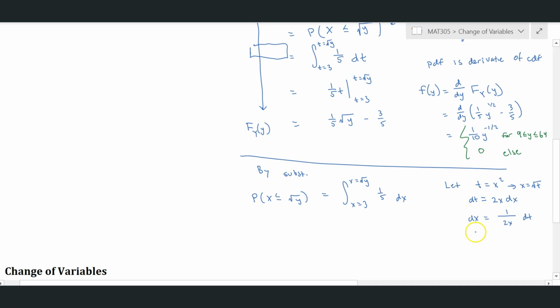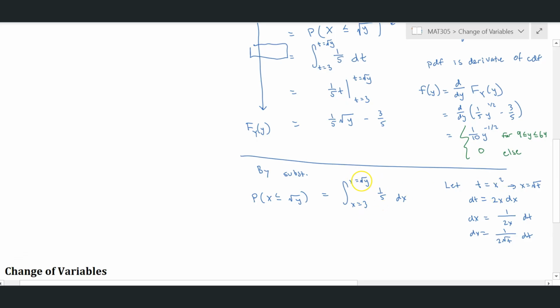And so now we can say that dx equals 1 over 2 square root t dt. All right, so basically we're using integration by substitution here. And that means that if we want to reframe this in terms of t, which is this new variable of x squared, then we also need to change our boundaries, right?